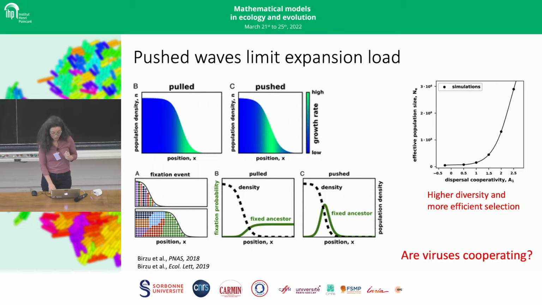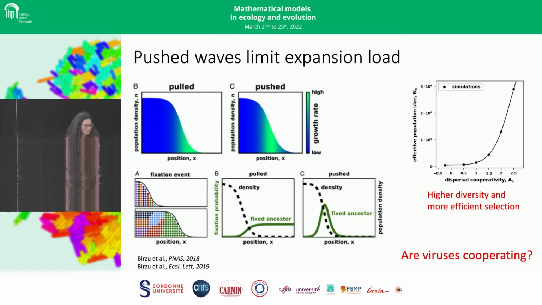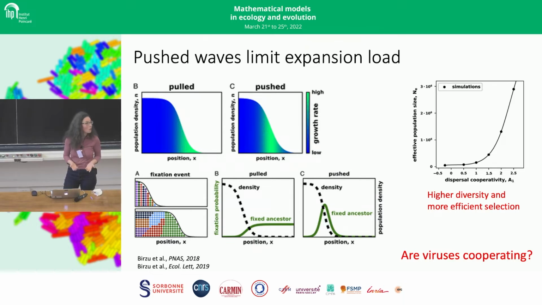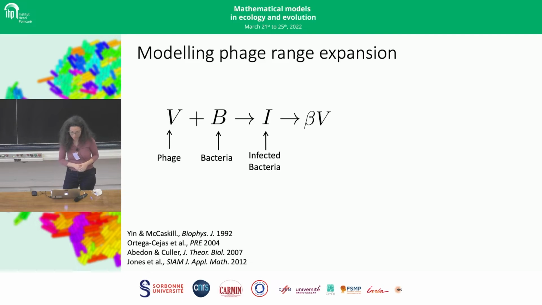Okay, so we knew that this happened in this pulled versus push dynamics, and one question that came up was whether the viruses that we were doing the experiments on were cooperating, and we just didn't know. So we started thinking about what happens when you have this phage expansion, and just to give a bit of biological background on the phage that we use.